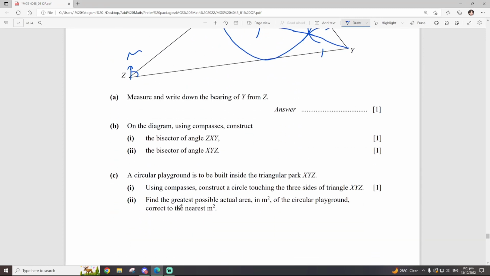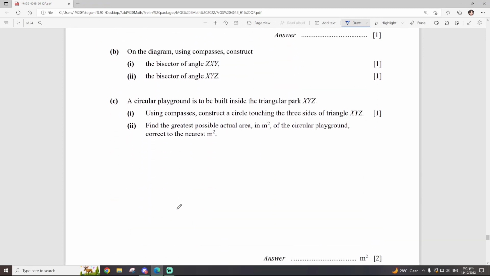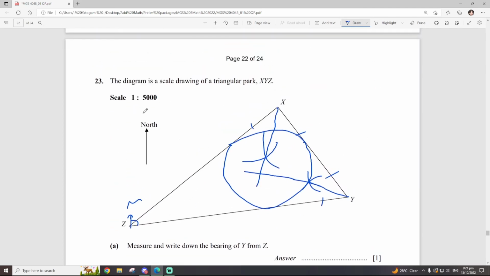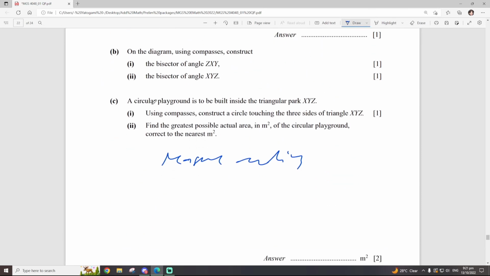Find the greatest possible area. Here, measure the radius, and the scale is 1 to 5,000. So 1 cm is 5,000 cm, which is 50 meters. So measure the radius, then you use pi r squared, where r is the measured radius.